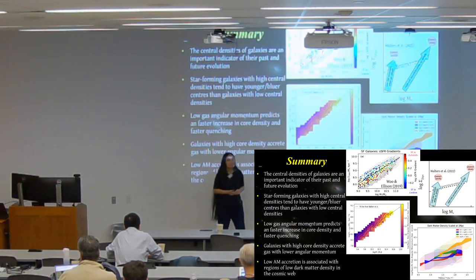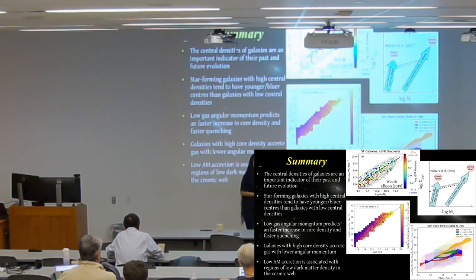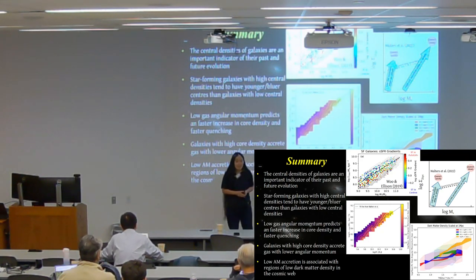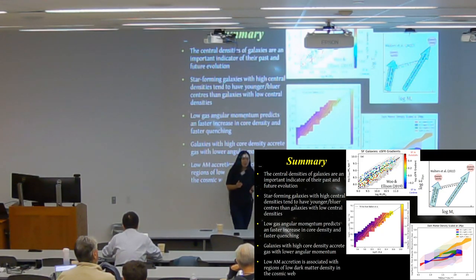But are you sure these are the main gas supply? That's a very good question, and we have seen in lots of people's simulations, including the talk we saw yesterday, that it doesn't necessarily have to end up right at the center of the galaxy. What we had seen was that if the angular momentum of the accreting gas at half R_vir is high, then for sure all the correlations are quite a bit stronger.